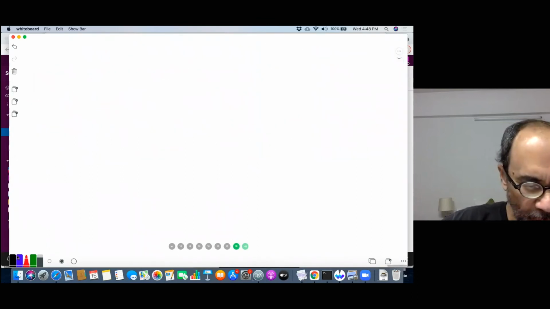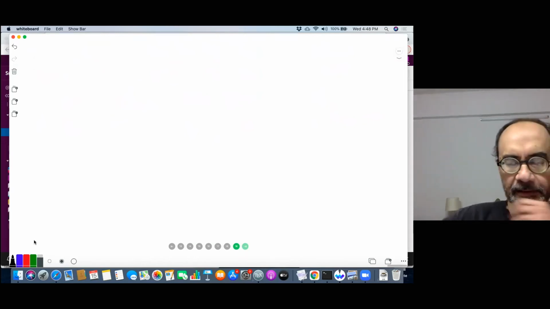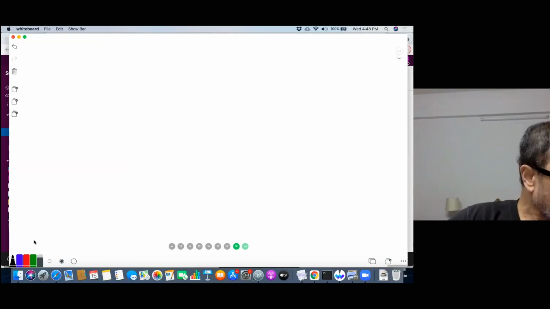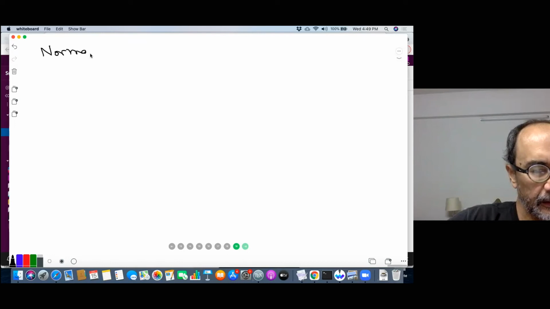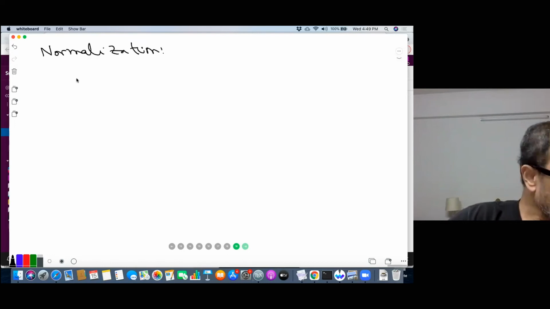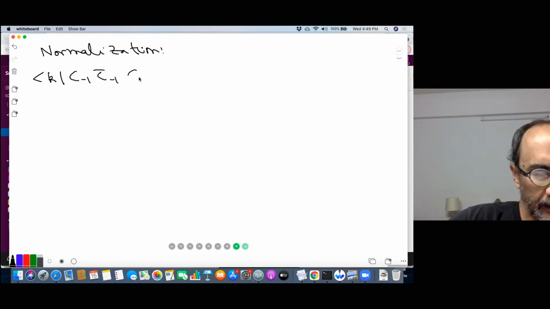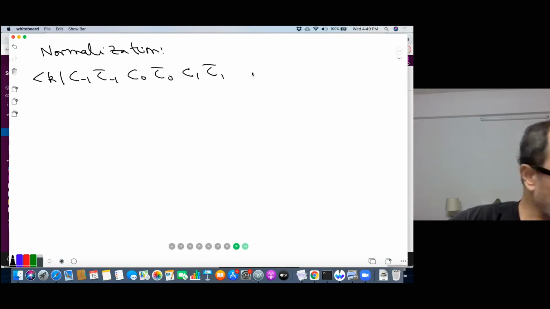Okay, so now we have to fix the normalization just like you did in bosonic string theory, because ultimately when you talk about correlation functions, the normalization is important. So we'll choose something analogous to what we did for the bosonic string. So c minus 1, c bar minus 1, c0, c bar 0, c1, c bar 1.